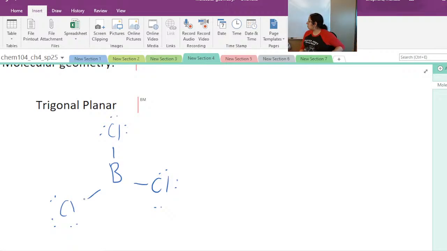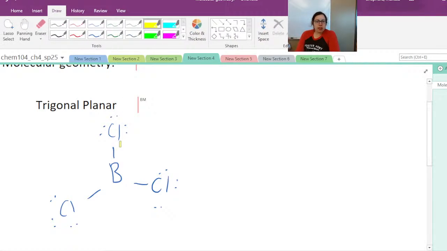What usually has to be true for these structures? Yes. So it does violate the octet rule, and that is actually okay for group 3.